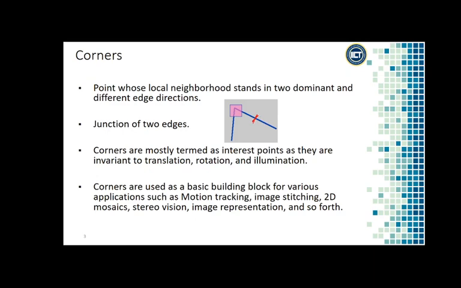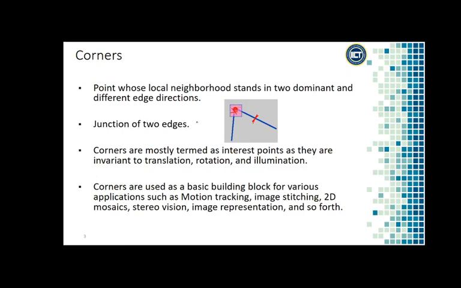So we cannot say that this is a corner. But if we have a gradient in both the directions, let's say we have the gradient in this direction, we have the gradient in this direction. But at this point, basically, we have the gradient in not both, but all the directions, I guess. So that is what we consider as a corner.